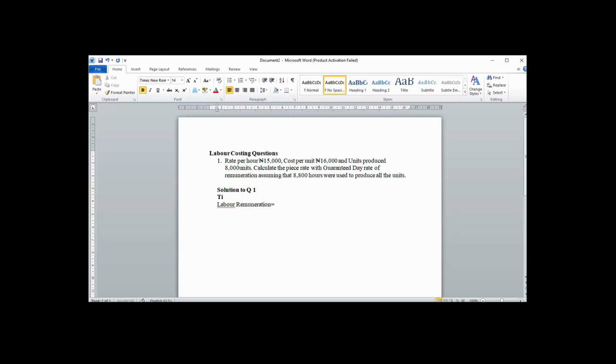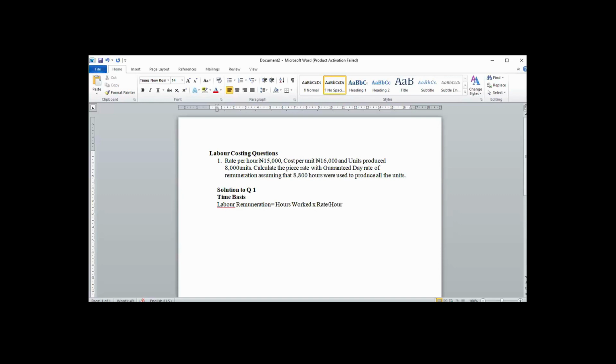Why did I call it time basis? You were told last class there's what we call time basis. What is the formula for that? Hours worked times rate per hour.